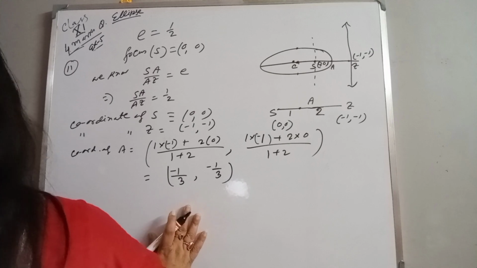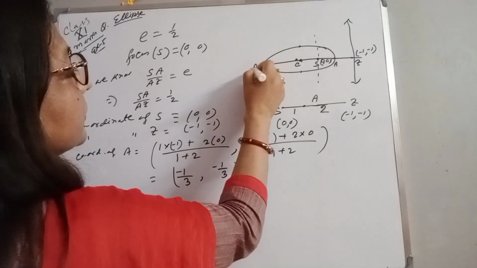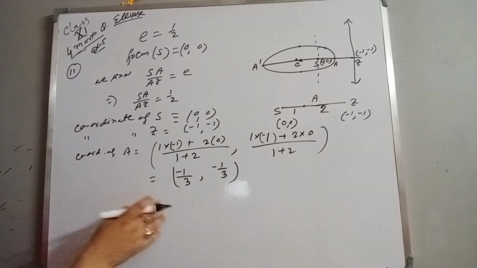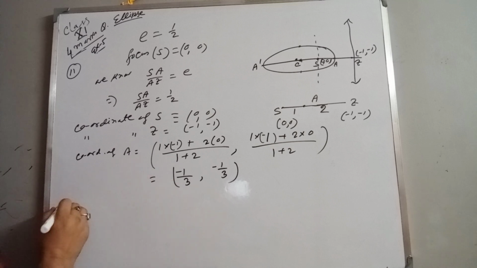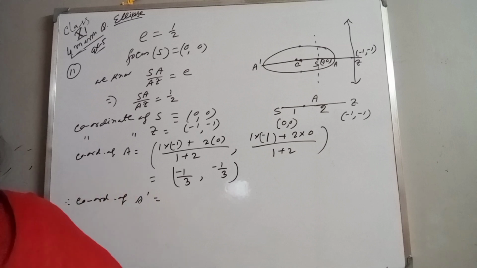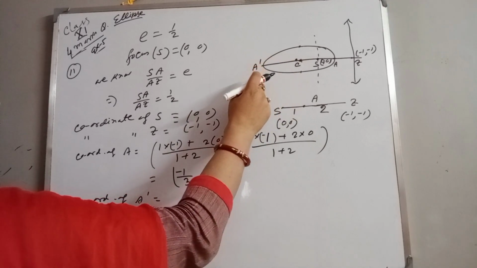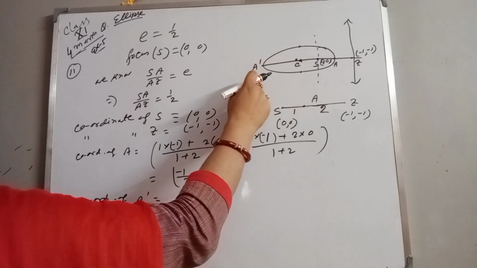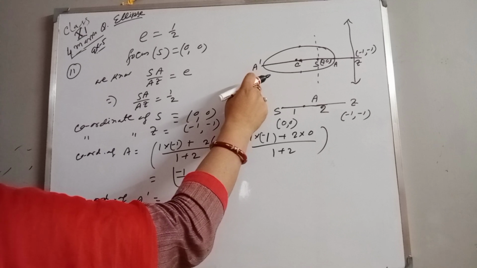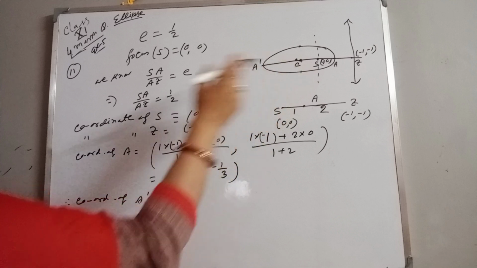Now we have to find A dashed. What is A dashed? A dashed means this one. Okay. So if A is this, then coordinate of A dashed will be what? Obviously, that division will be then external division.